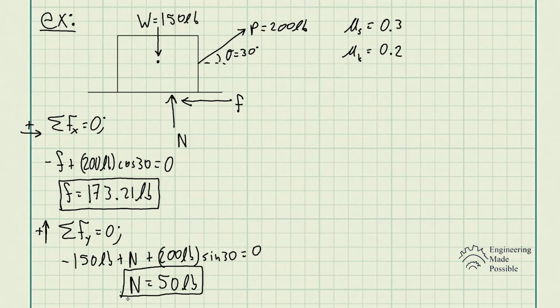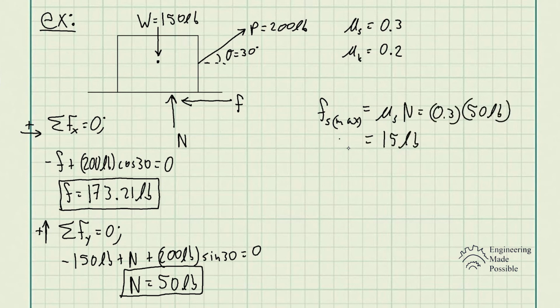Now that we solved the unknowns, which are the normal force and the frictional force at the surface, let's see what the maximum static frictional force is, which we already know is the coefficient of static friction times that normal force. So the maximum possible static frictional force is 15 pounds.